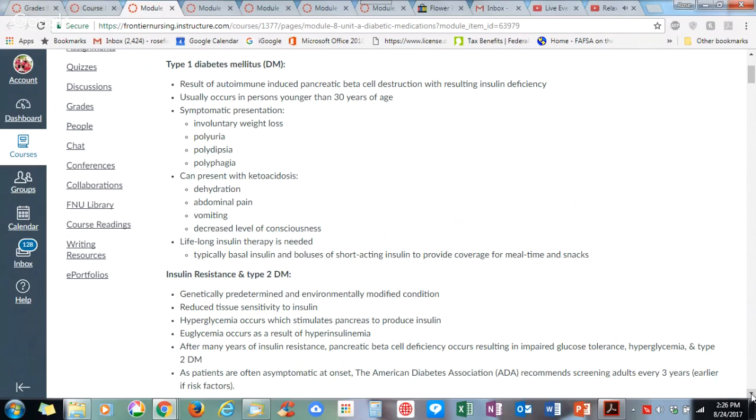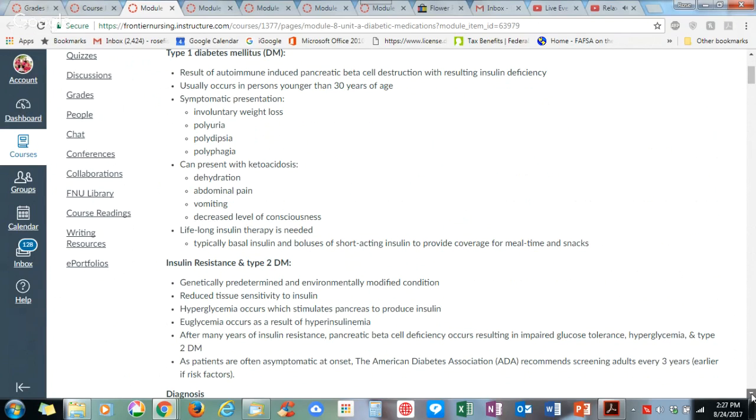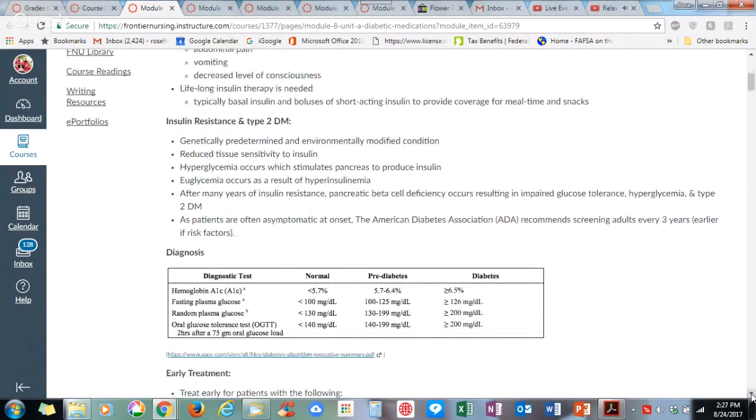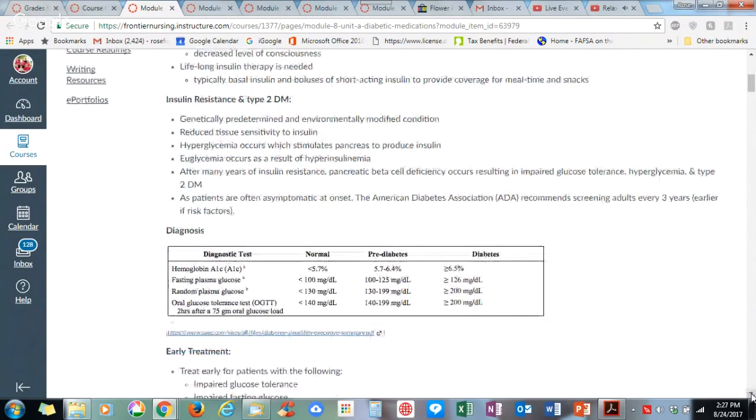A symptomatic presentation: involuntary weight loss, polyuria, polydipsia, polyphagia, can present with ketoacidosis, dehydration, abdominal pain, vomiting, decreased level of consciousness. Lifelong insulin therapy is needed. Typically, basal insulin and boluses of short-acting insulin to provide coverage for mealtime and snacks.